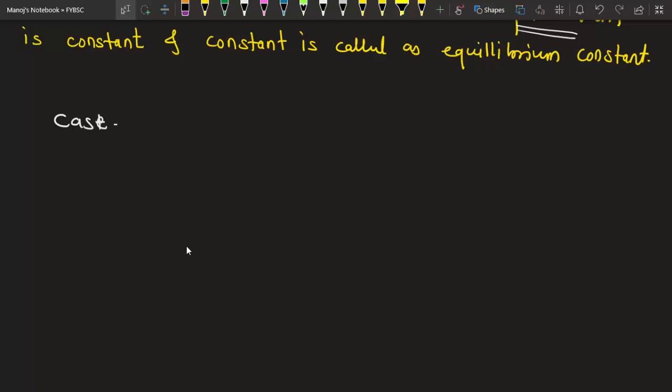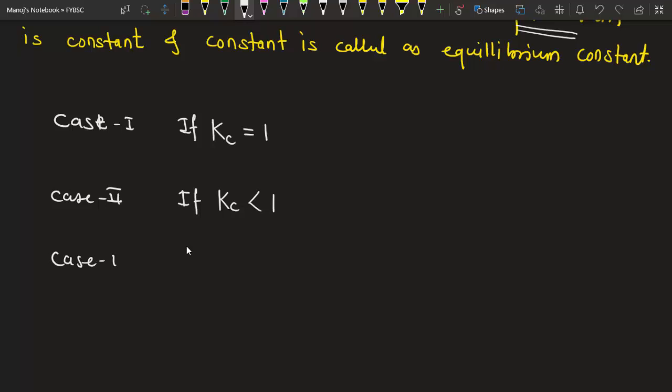Now, the last part of this session is different cases. Case 1, if Kc is equal to 1. Case 2, if the equilibrium constant is less than 1. And case 3, if the equilibrium constant is greater than 1. If Kc is equal to 1, it means that our reaction is in equilibrium condition.